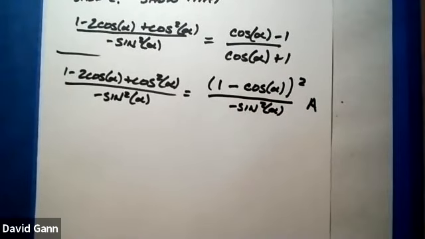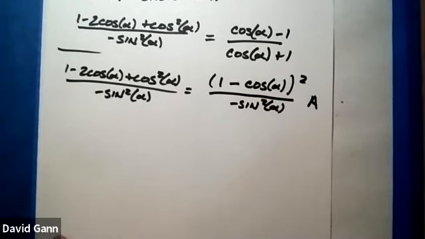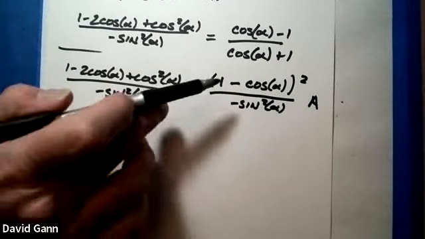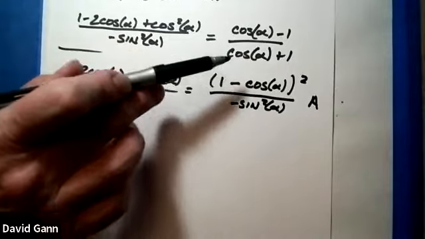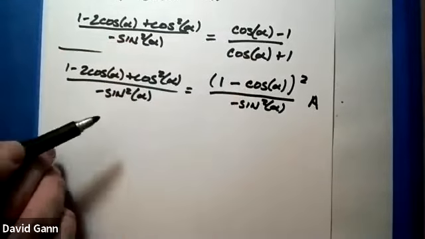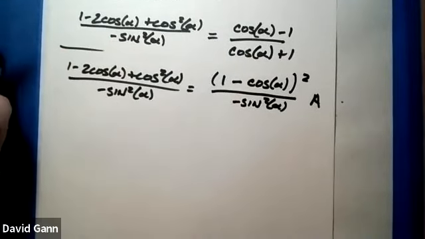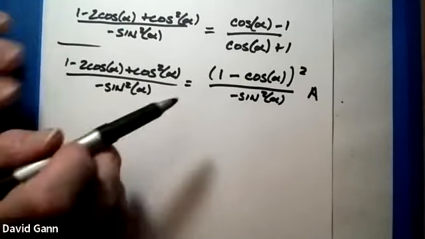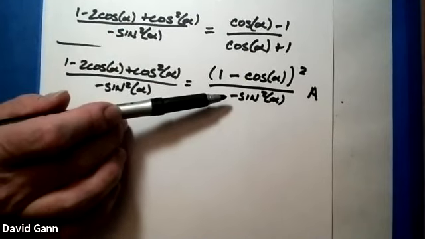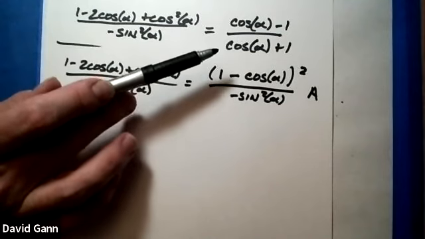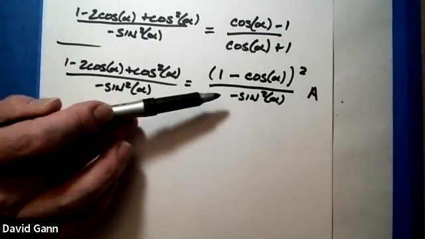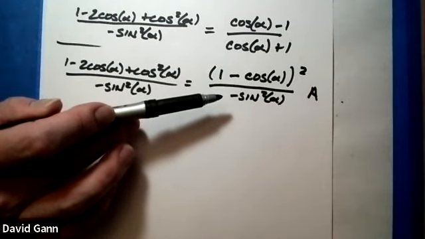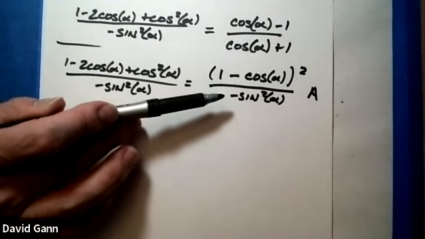That is a purely algebraic step. It's just factoring. The next thing that I'm going to do, and there's a reason why I'm doing this. Notice that the numerator in both of these expressions is very, very similar. And that might take care of that negative sign too. Now, one thing to consider is that the target expression only has cosine in it, but the expression we currently have has sine. So maybe there's a way to get that out.